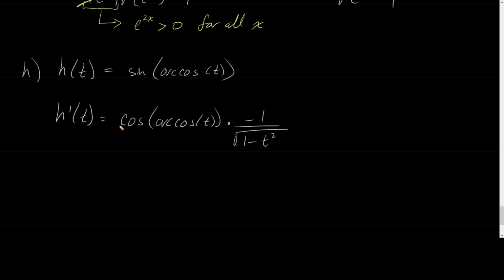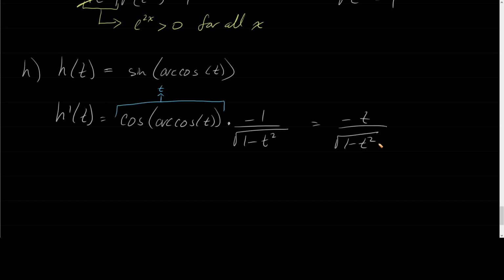And in here, cosine of arc cosine, well, those are inverse functions, so they cancel each other out, so I just get t out of this entire thing. Maybe I'll do that in a different color to not be confusing. So this entire thing is just t. So I end up here with just negative t over the square root of 1 minus t squared.